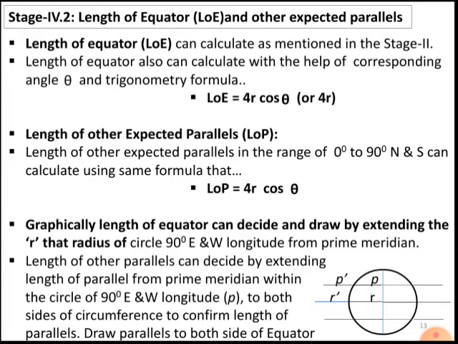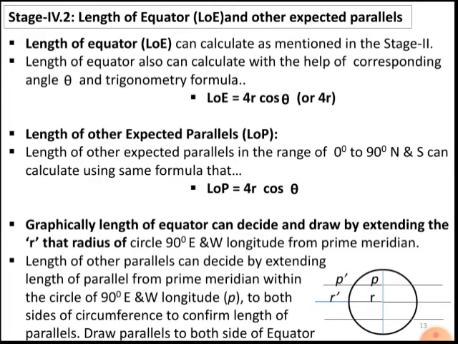For example, look at the picture which has been put here at the bottom right corner, where the circle of the 90 degree east-west meridian has been shown. If you look here, the r and r dash, what is it? The r is nothing but the half distance of the equator within the circle. That means it is the radius of the circle.